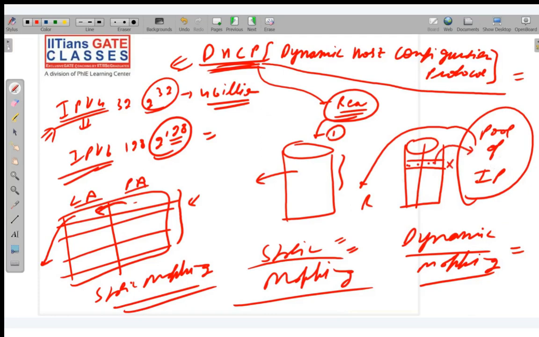If you still want internet, you will again request the DHCP server, and the DHCP server will again give you an IP address from the pool of IP addresses, and it will keep on doing like that. So on lease you will get an IP address.